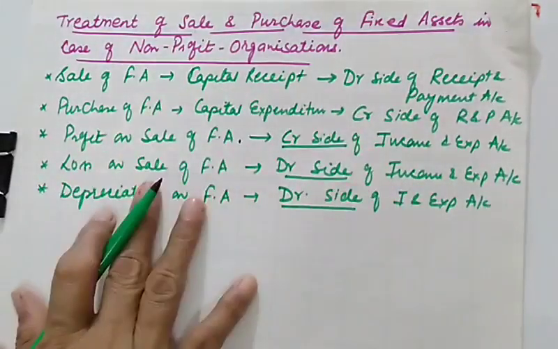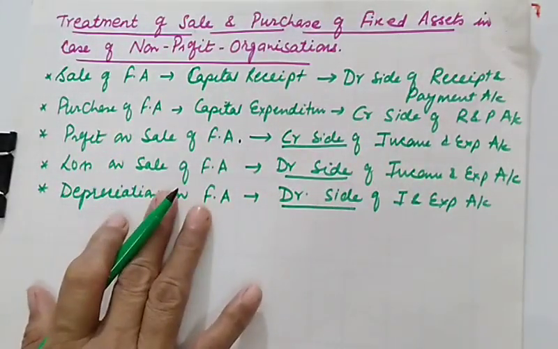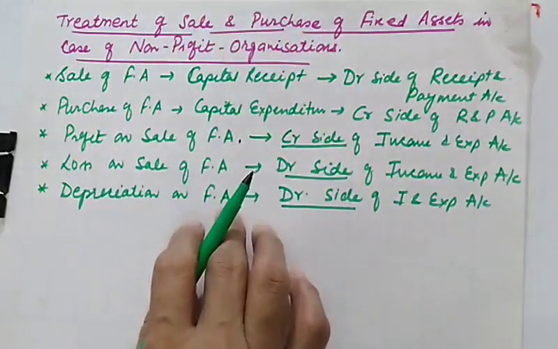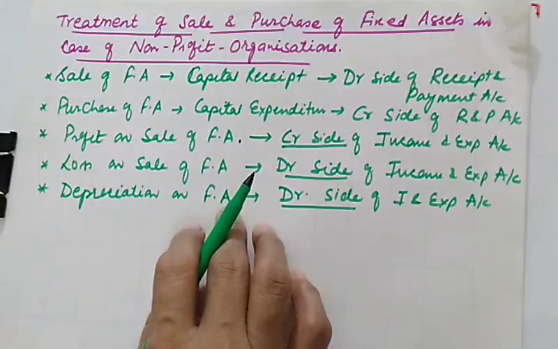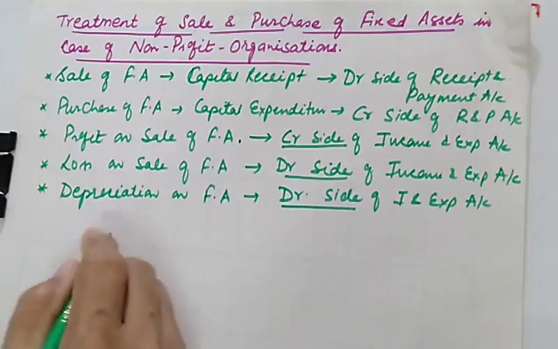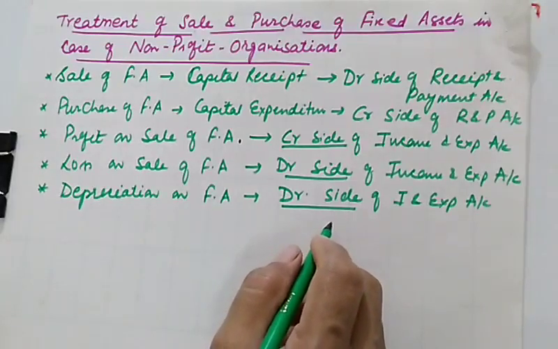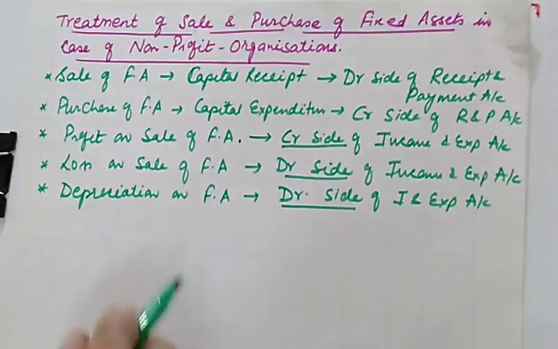So this is how we'll be treating the sale and purchase, as well as profit on sale of asset, as well as loss on sale of asset in case of fixed asset. So let us see the format of fixed asset account for this purpose.